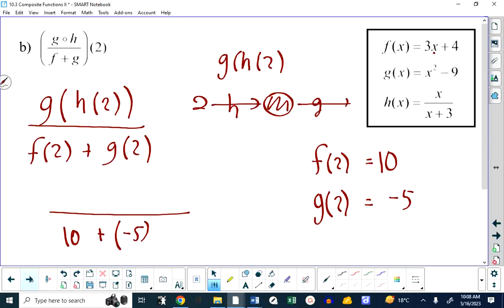So when I put 2 in here, I get 2/5. Now I need to take that, square 2/5 and subtract 9. I'll let you do that on your calculator while I run it through my head.